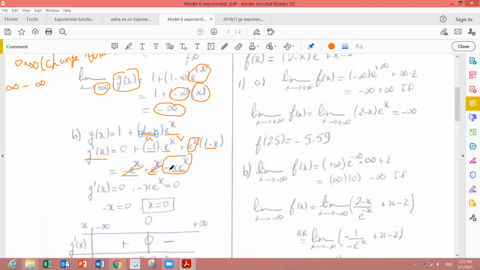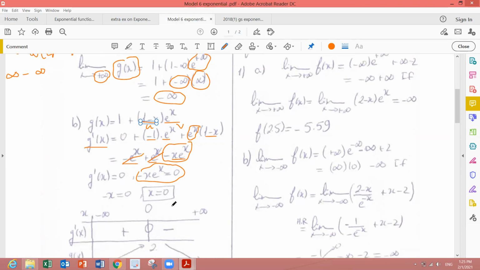Since we don't know the sign of the derivative over R, we solve g prime x equal to 0. It means that minus x e to the x equal to 0. But since e to the x is positive always, we take minus x equal to 0, then x equals 0.